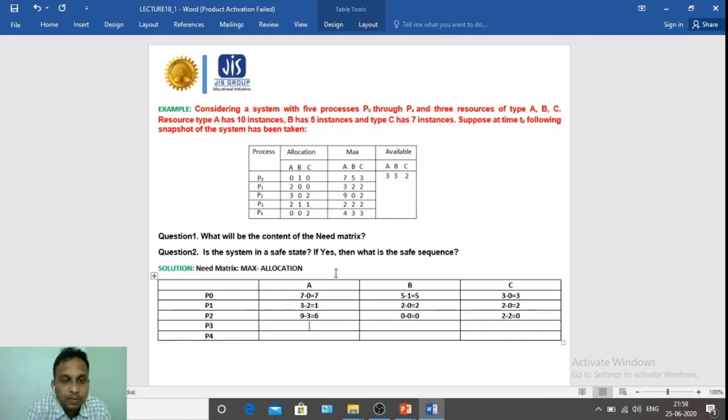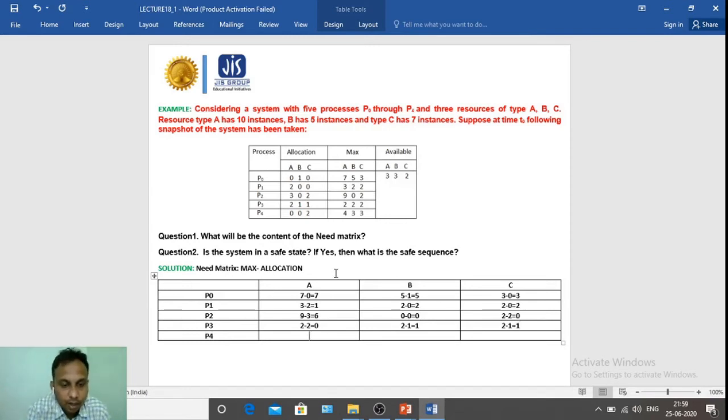Now come to the P3. At first for A it will be 2 minus 2, this is 0. For B resource it will be 2 minus 1, so this is 1. And for C resource at P3 it will be again 2 minus 1, equals 1.